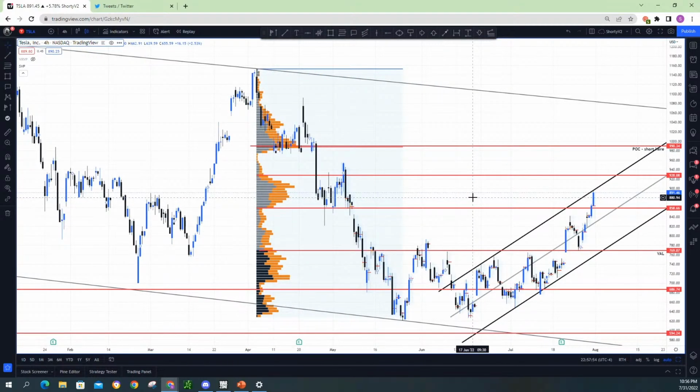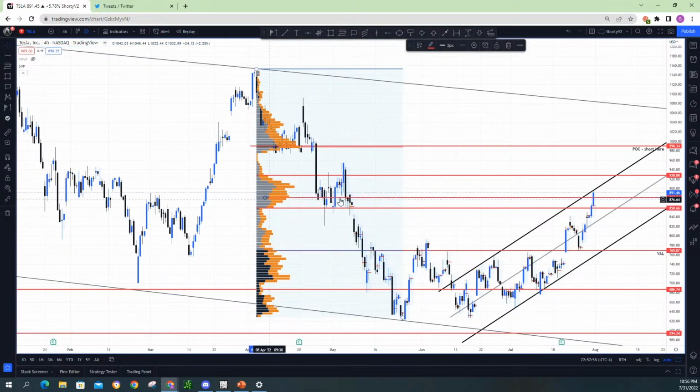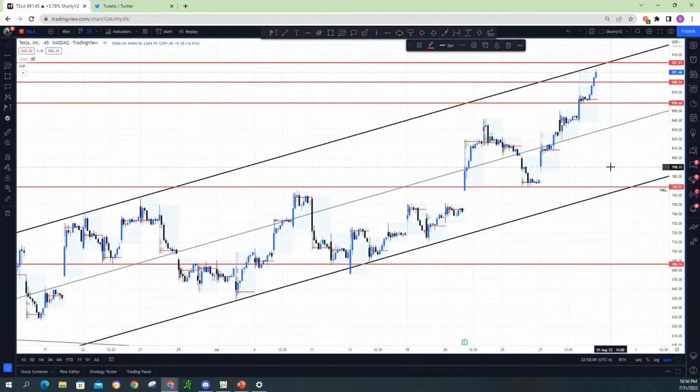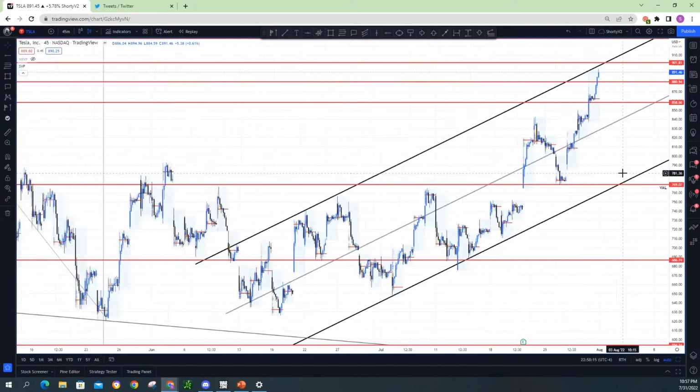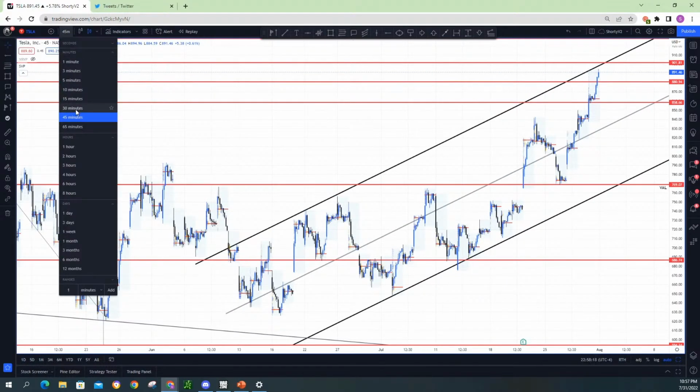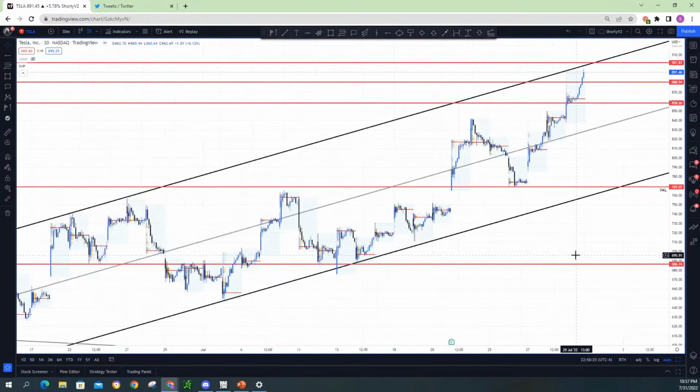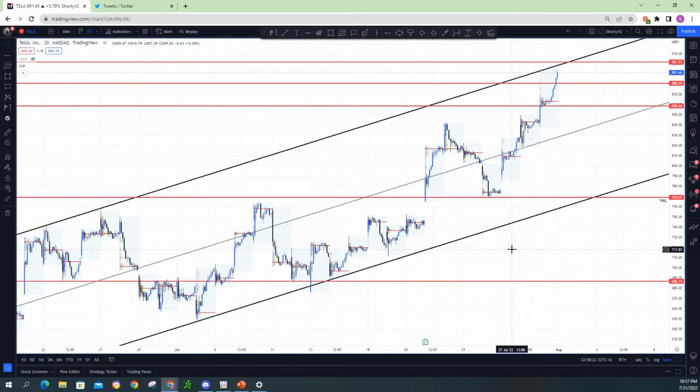You have this here at 880, which was a pretty important level on Friday if you traded Tesla. I would not be shocked if it pushes up to this 901, and it's a nice channel here. You could short it on this channel, or you could wait for a lower low to be made. But this is pretty insane.